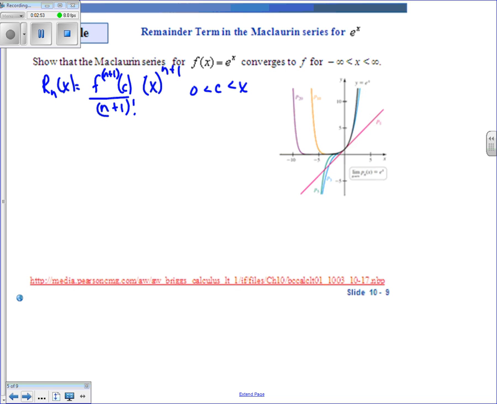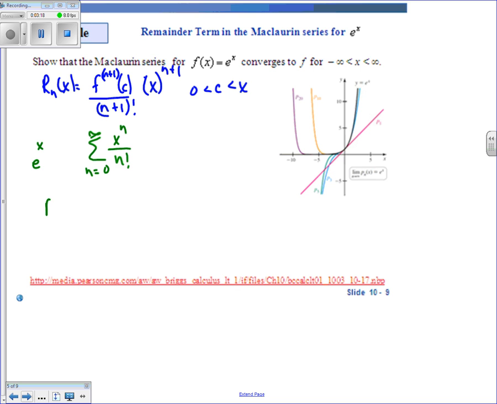Now we've got the Maclaurin series for e to the x. The Maclaurin series was just the sum of x to the n over n factorial, where n goes from 0 to infinity. So let's see what that remainder expression looks like.